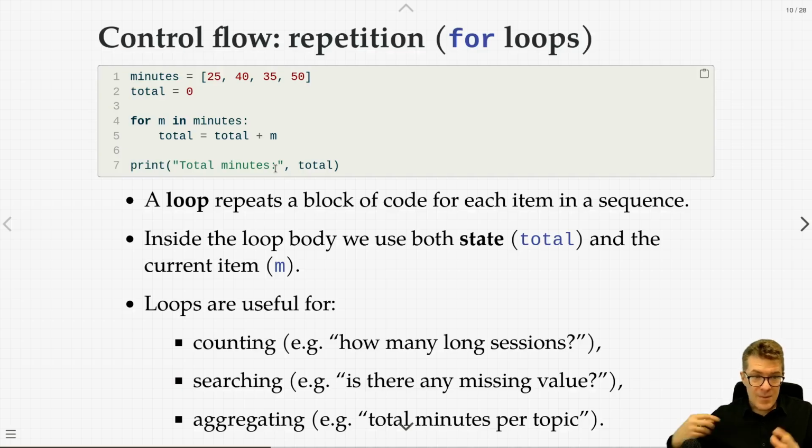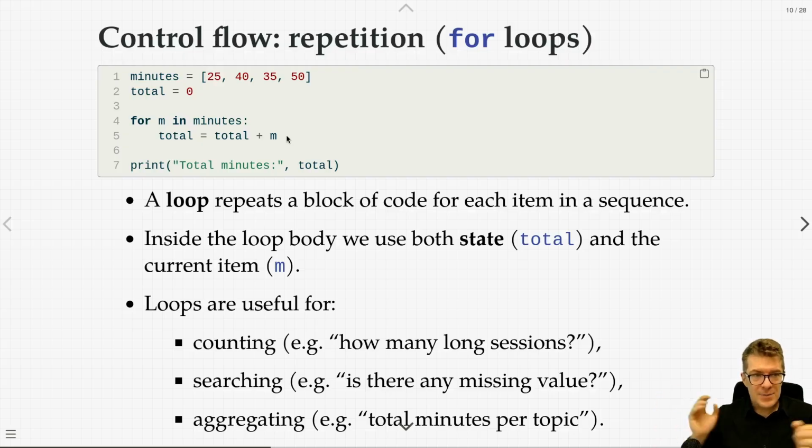So loops in general can be useful for things like counting. In this case, I'm aggregating, doing an aggregation of the total minutes per topic. What I could have done instead, within this block, instead of this one line total, is I could have had a conditional.